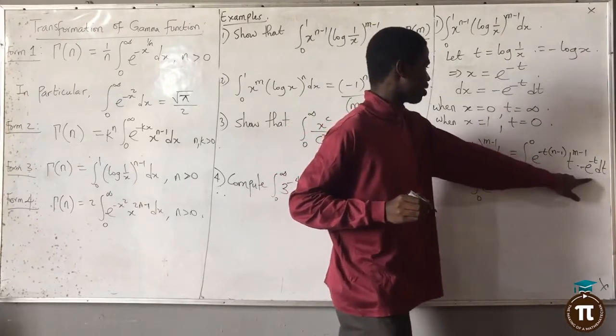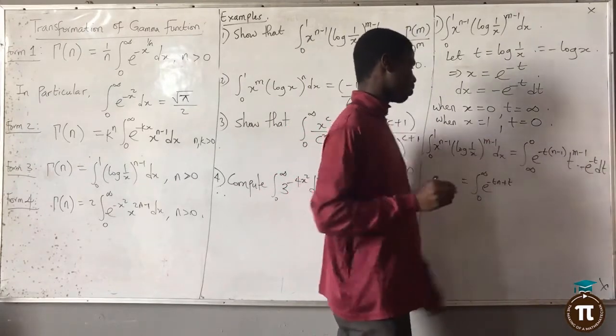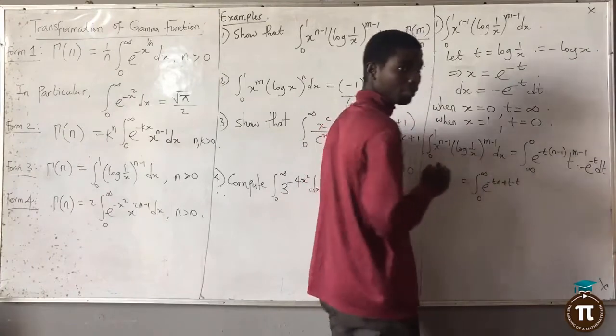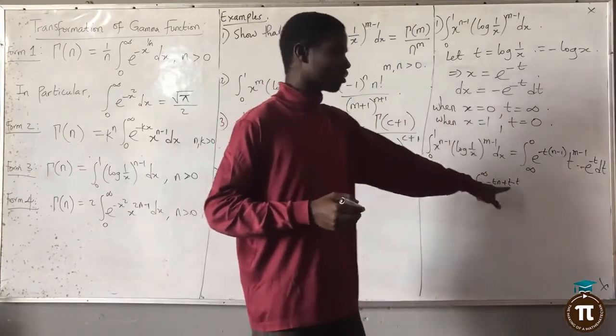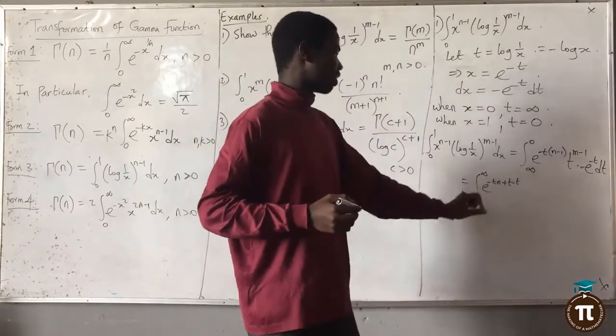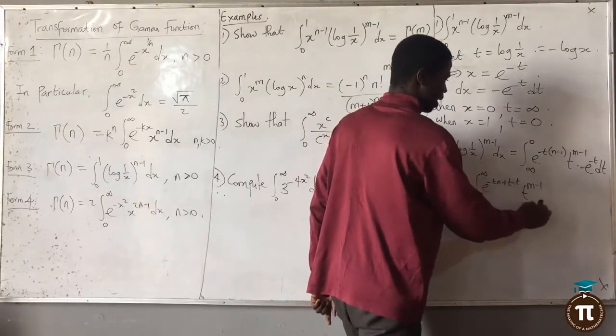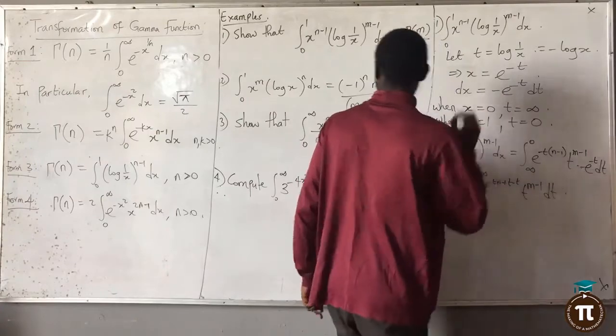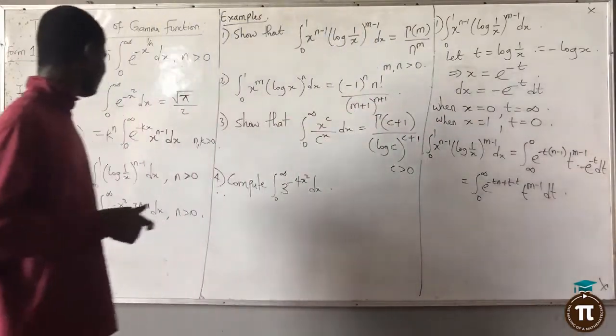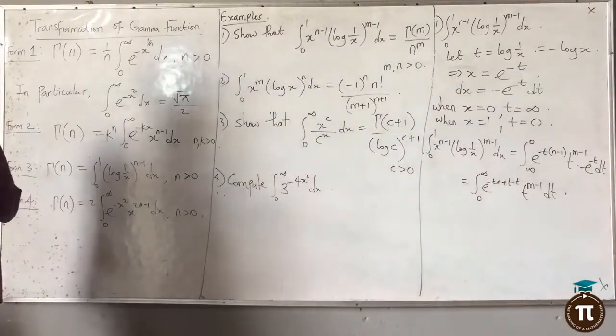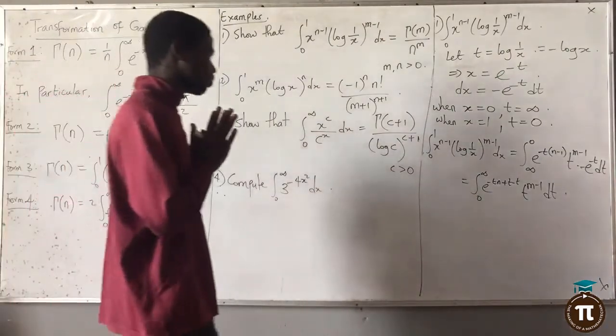Then another one is here again, minus t. So after that, I have t raised to the power of m minus 1 dt. So that is what we are going to get.